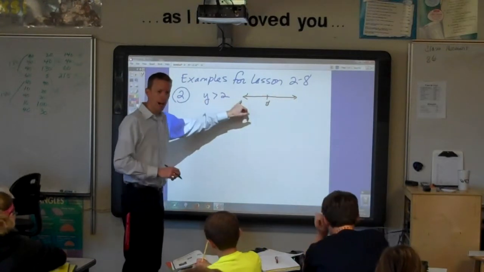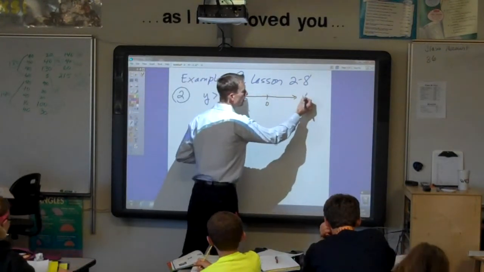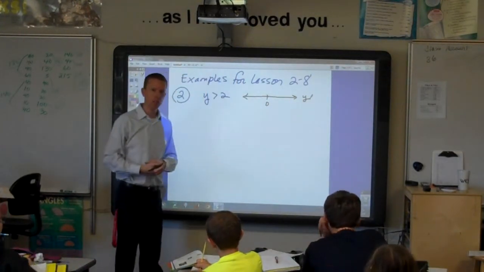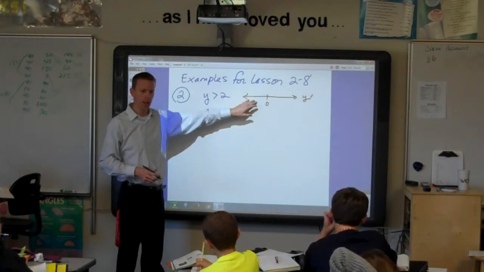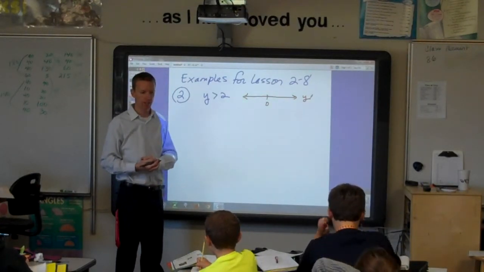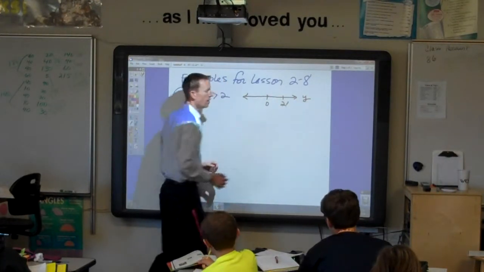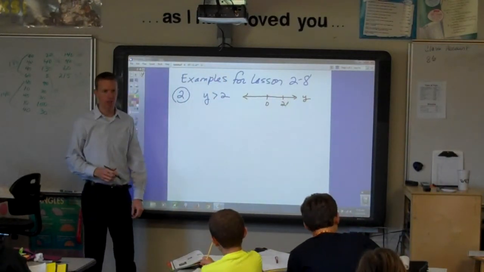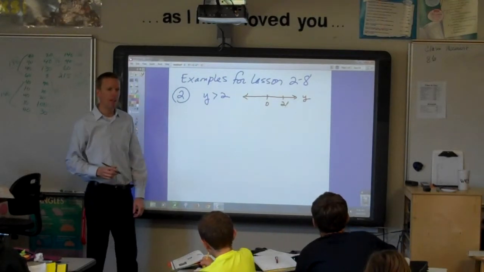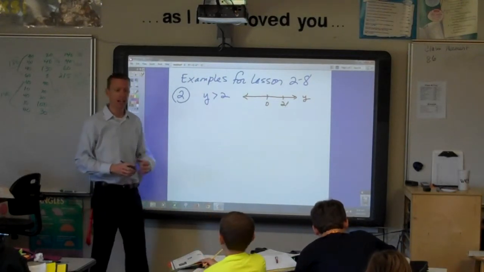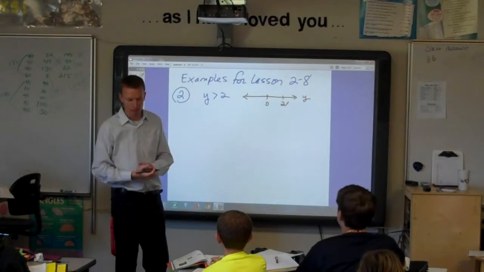This is going to be the graph for y, so we're going to put y next to it, a label that this is the graph for y. Okay? And we're going to mark the number that's listed on the number line. It's a positive 2.